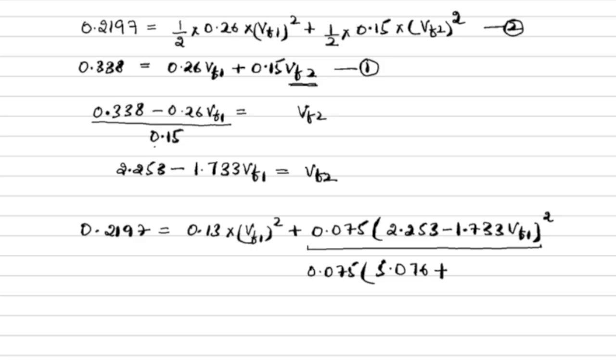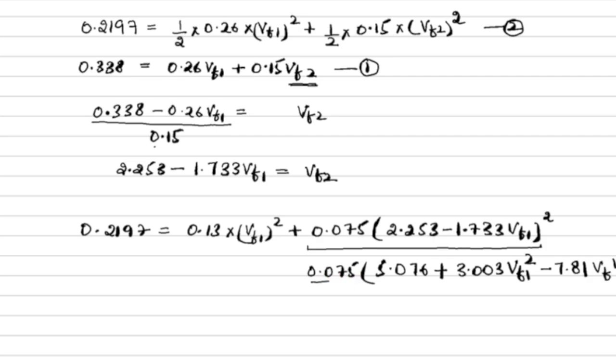That will be 3.0032, times VF1 squared, okay, and then minus 2ab. So 2 multiplied by 2.253 multiplied by 1.733, okay, 7.8, minus 7.8 VF1. So this is what we got by simplifying this.